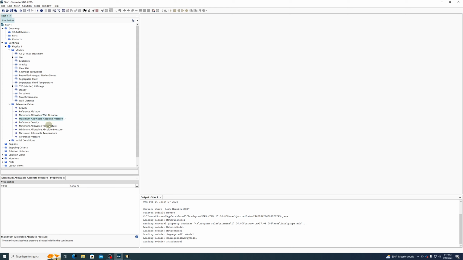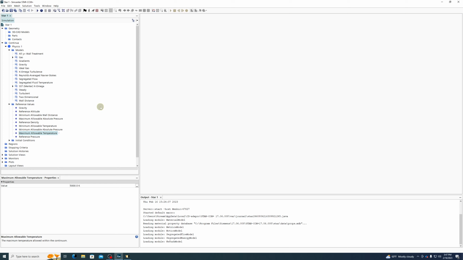These minimum and maximum values are a thing because what STAR-CCM+ will do is assume that if you go too far out of regular bounds of pressure or temperature, something's gone wrong.